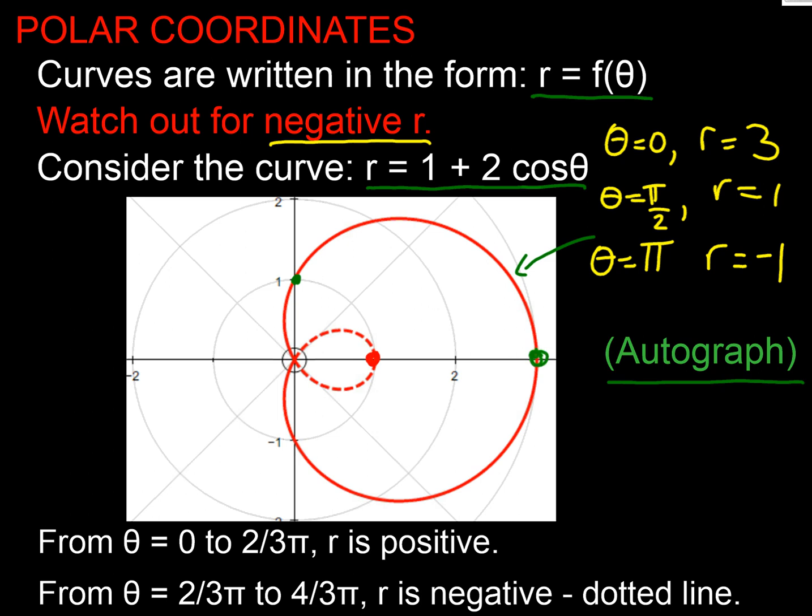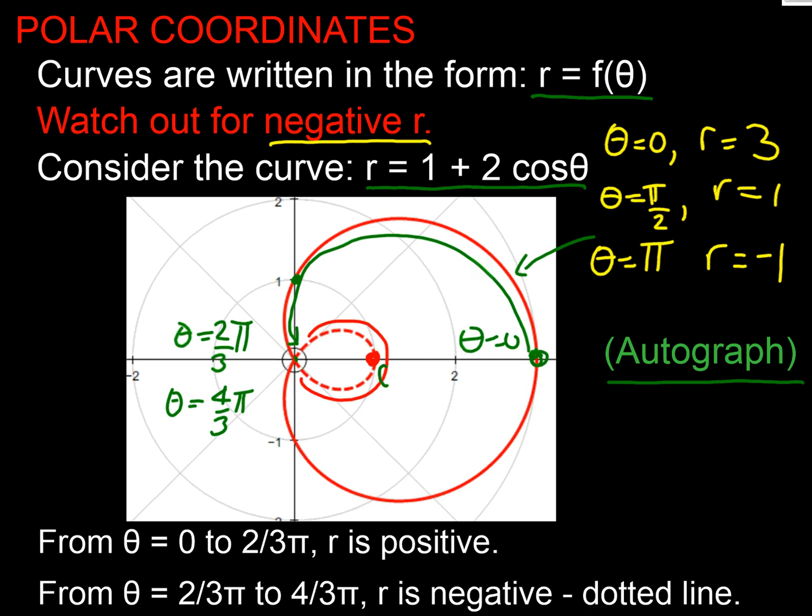So as you can see, we can have these problems when we're drawing a curve where we can have a positive r section here, in this case starting at theta equals 0 here, up to theta equals 2/3 pi, I think it is here. Then as theta increases further, I get a section here where r is negative until I come back to this point where theta will equal 4/3 pi.